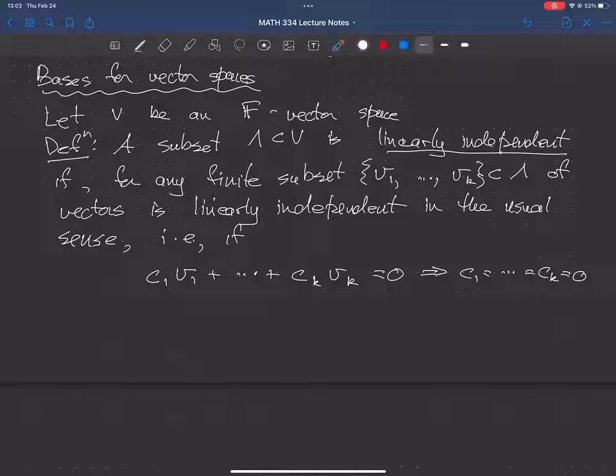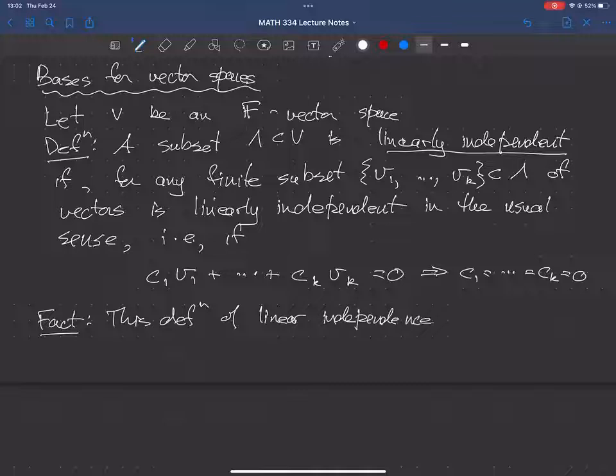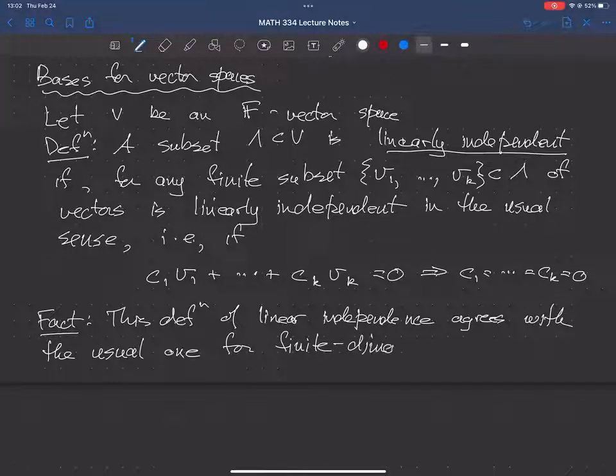And one thing that's true, and you would have proved this in your linear algebra course, is that this definition of linear independence agrees with the usual one for finite dimensional vector spaces. So what am I saying there?